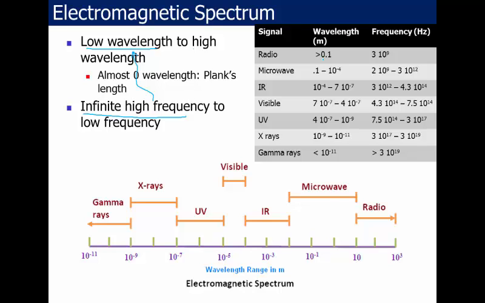Microwave is 2 times 10 to the power 9 hertz up to 3 times 10 to the power 12 hertz. 2.4 gigahertz is very widely used these days. That is microwave or radio frequency.